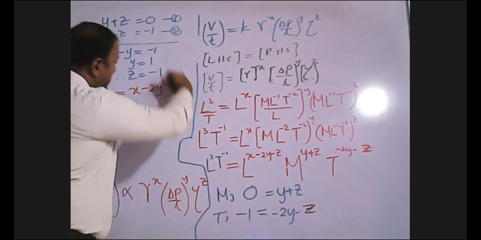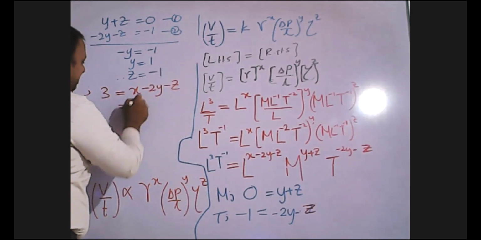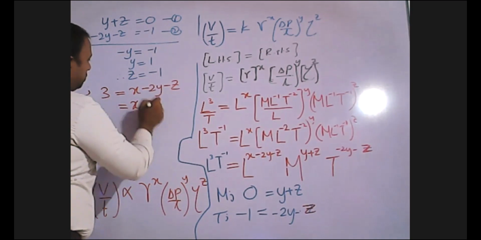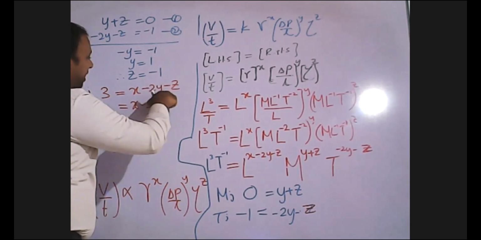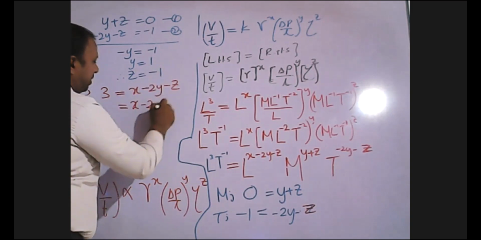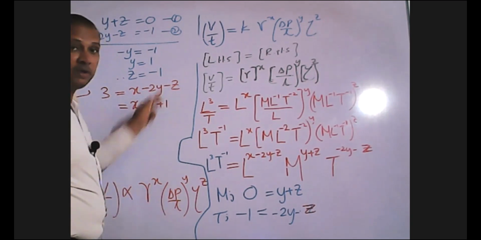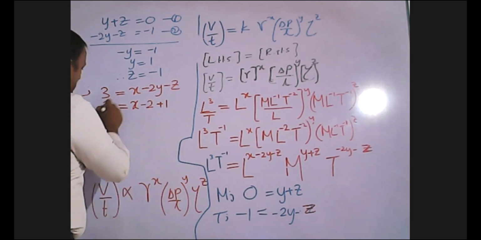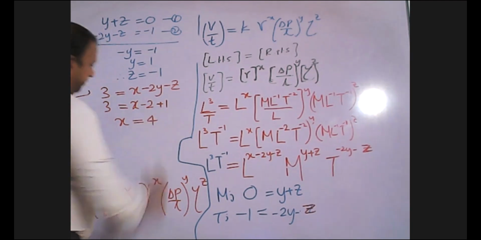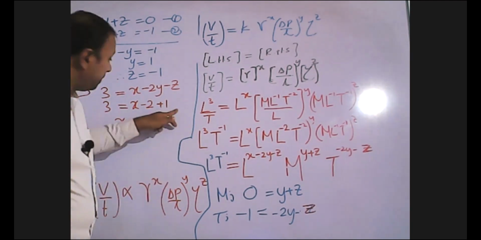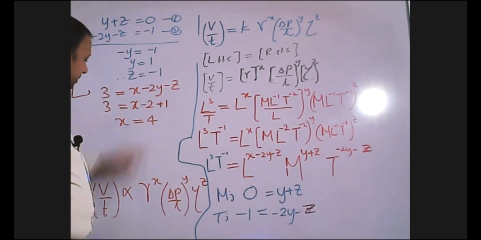Now you can substitute these values here. x minus 2 into y means minus 2, then minus z, and z is minus 1, so plus 1. That is equal to 3. Because minus 2 plus 1 means minus 1, you can bring that minus 1 to LHS, then x is 4.